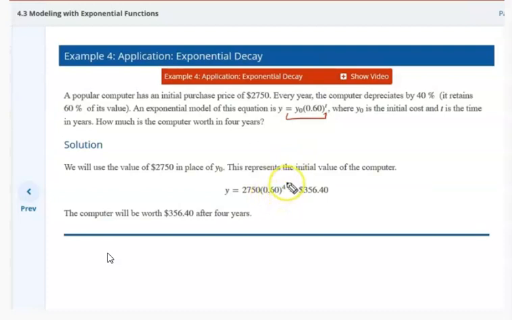But after 4 years, what would it be worth? So you put that in your calculator and you get $356.40. So again, you want to have an example, for example 4, of exponential decay and the rationale for it.